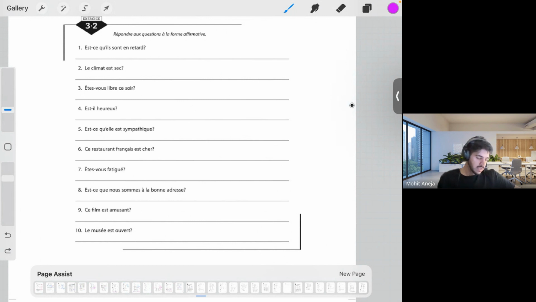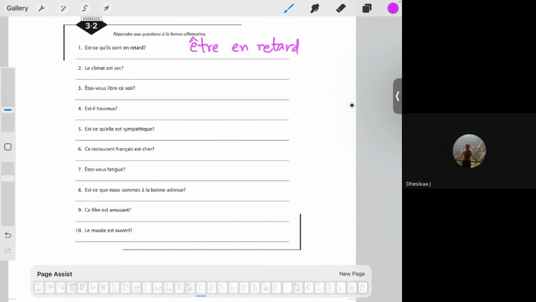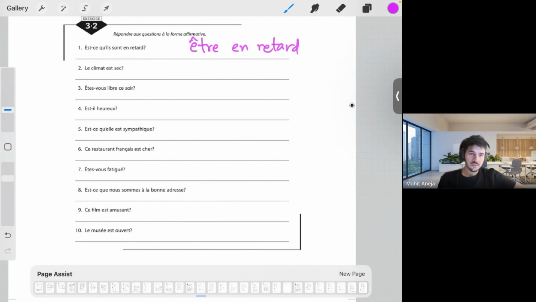Basically, est-ce qu'ils sont en retard? What they've used here is être en retard, which means to be late. Est-ce qu'ils sont en retard is the question: are they late?